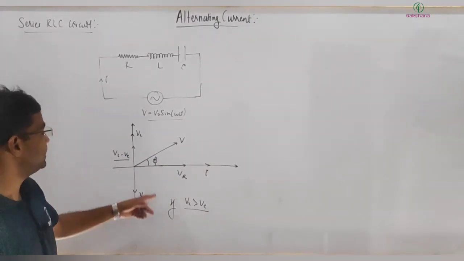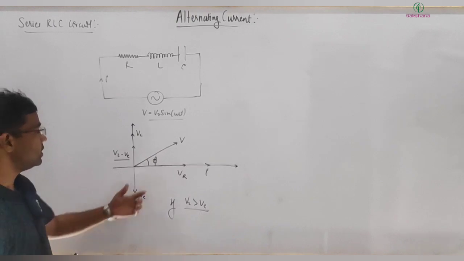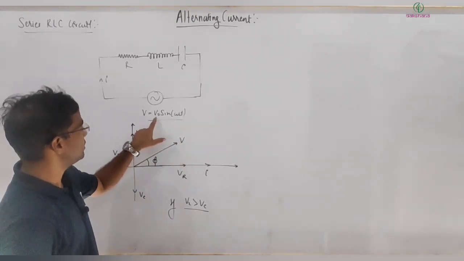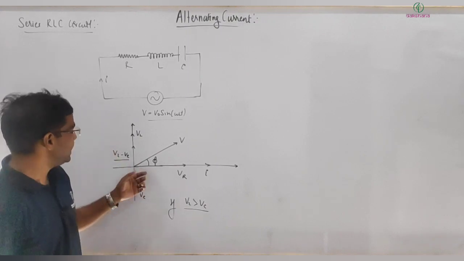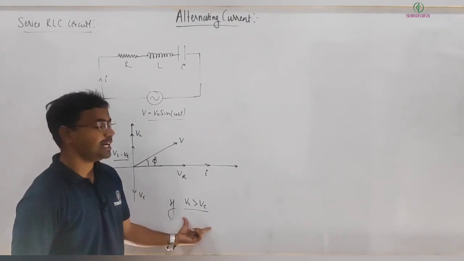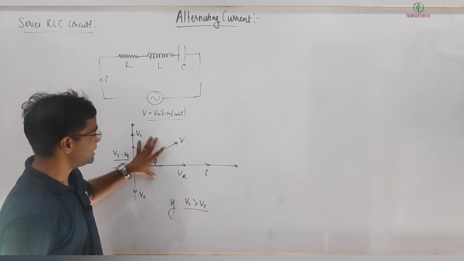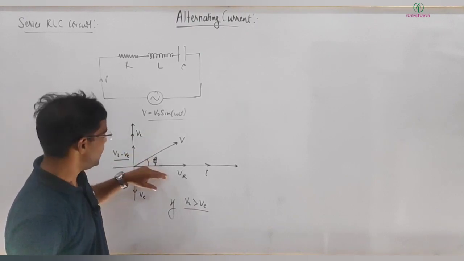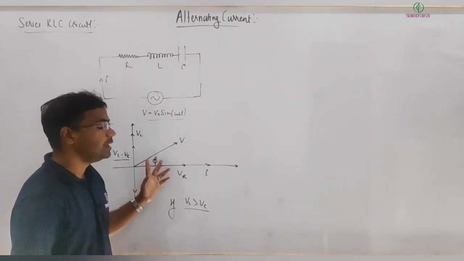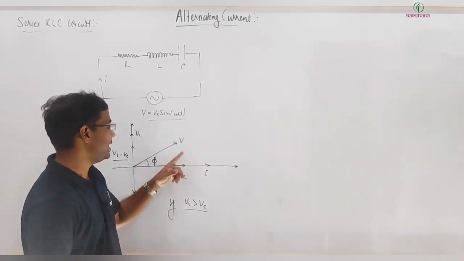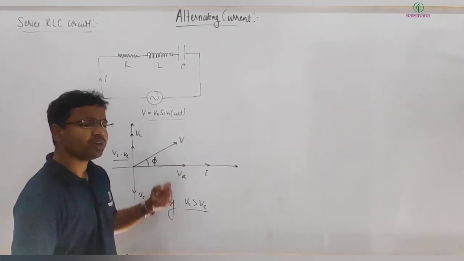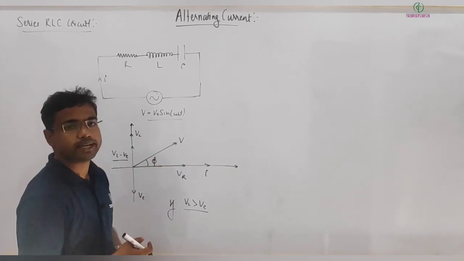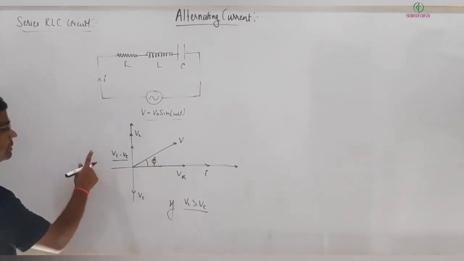I hope everything makes sense to everyone. So we got the net voltage. In this situation, effectively this circuit is acting like an R and L circuit. Here the current is lagging behind the voltage by a phase angle of phi, and the voltage is leading the current by a phase angle of phi. Okay, so this is all.